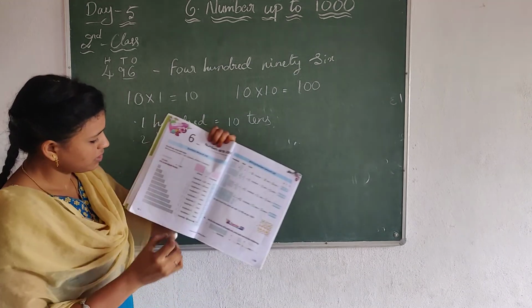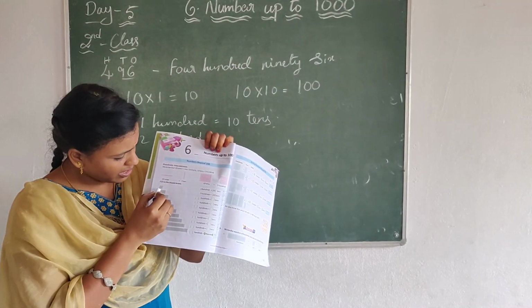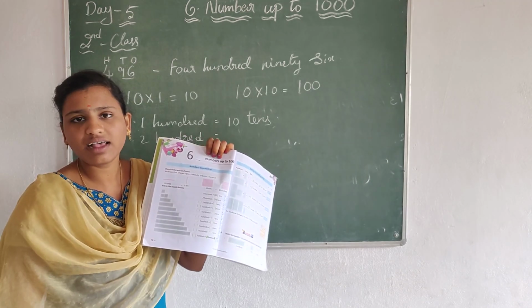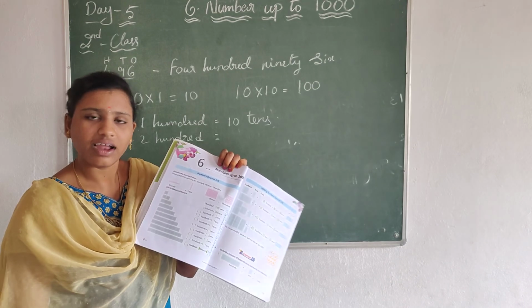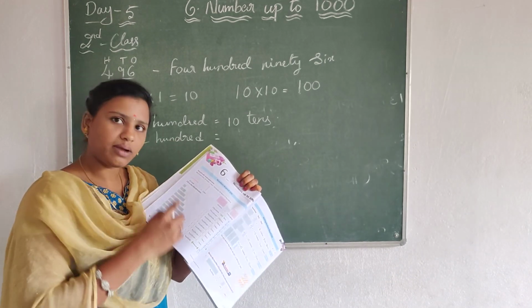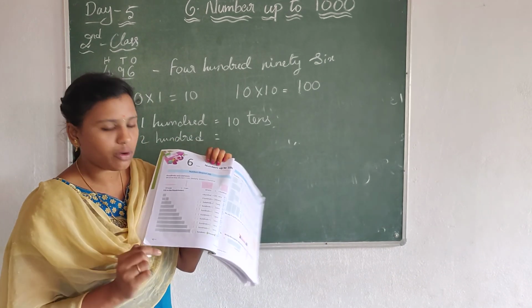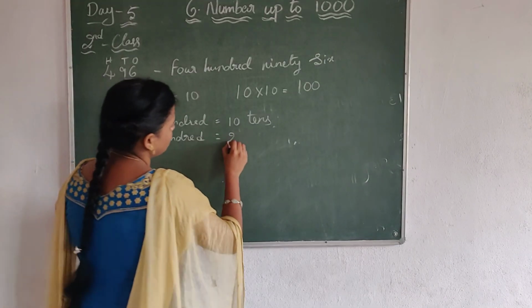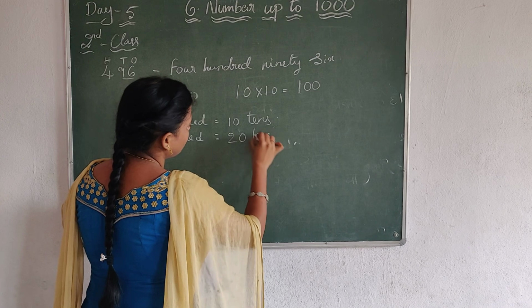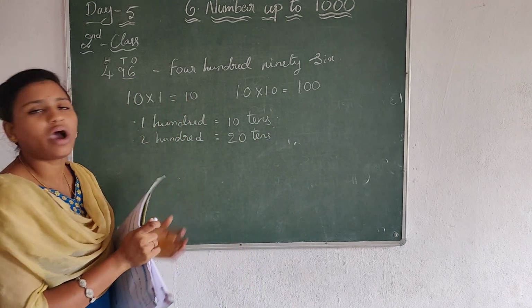equals how many tens will be there? In one box, it has 10 tens. In the second box also has 10 tens. So 10 plus 10 equals how much? Equals 20. So 20 tens are there in 200.